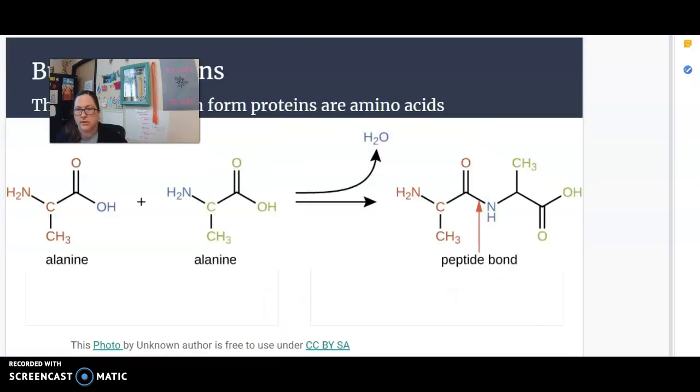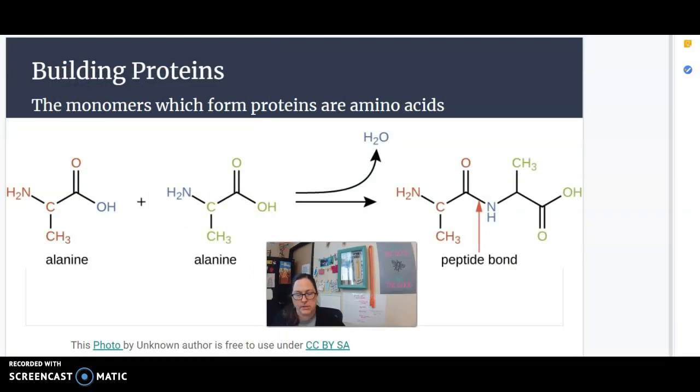Okay, next we are going to build some proteins. So proteins are formed from monomers of amino acids. So here you have an example of two of the same amino acids. You don't need to know the structure of each individual amino acid, but something that gives it away is this amine group right here. So amino acid has an amine group.